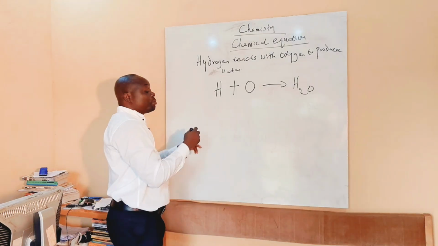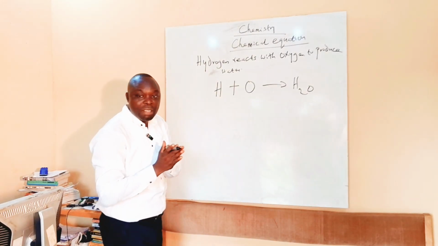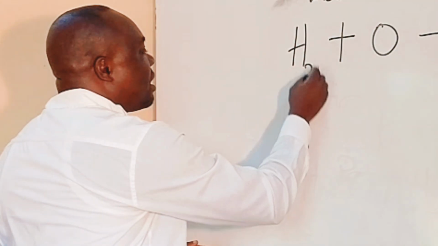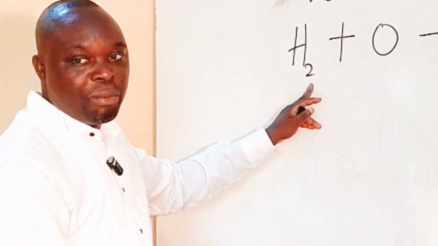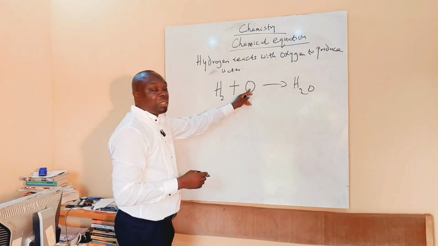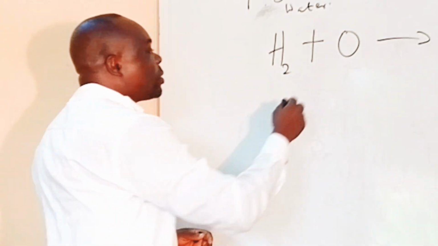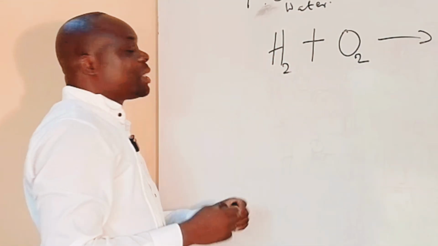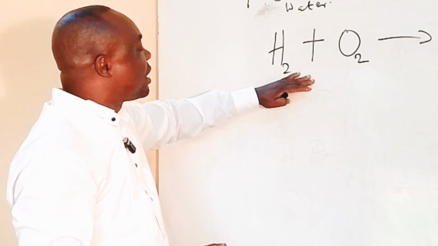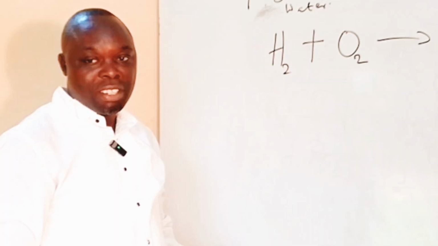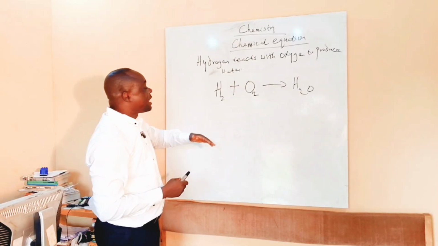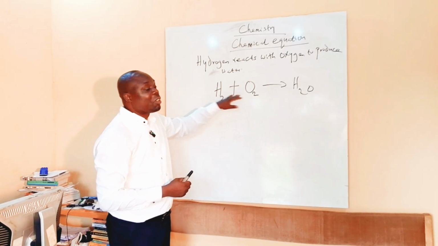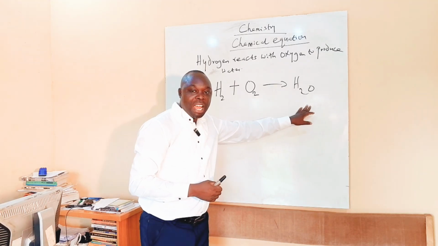So hydrogen being a diatomic element, we have to put two here, subscript 2 down. Now, oxygen is also diatomic, so we put 2 here. So what you have written here now is called a chemical equation. Meaning there is a reaction between hydrogen and oxygen to form water.